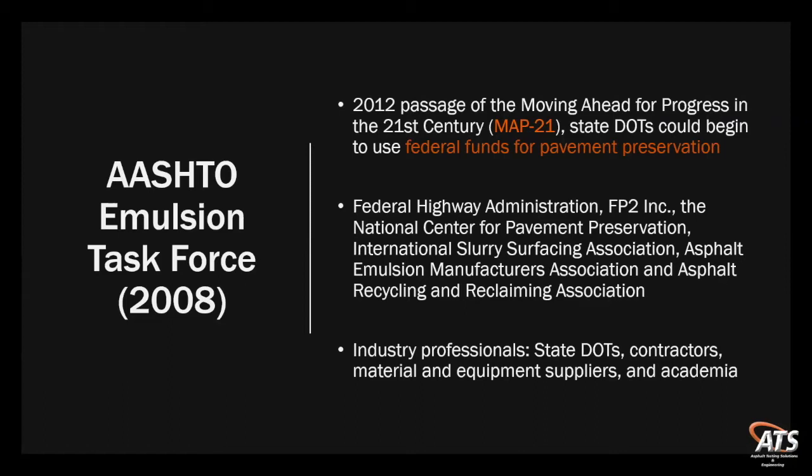So you're looking at groups that are very well educated on these types of materials, the emulsions, the aggregate, the interaction between them, knowing how these preservation treatments should be used, and then trying to coordinate with the industries like the DOTs, the contractors, the suppliers, and even the researchers that are doing some of the future work, to create a system that makes sense for everyone.